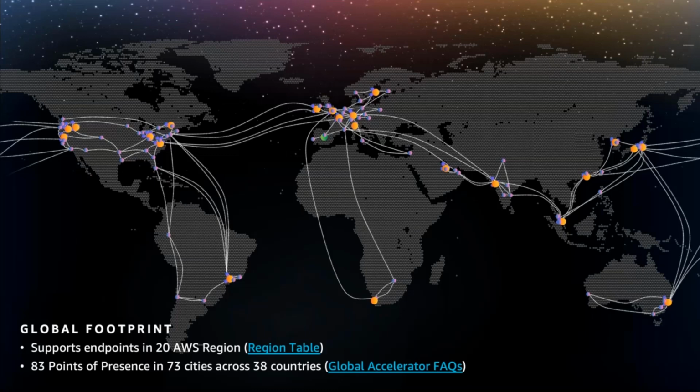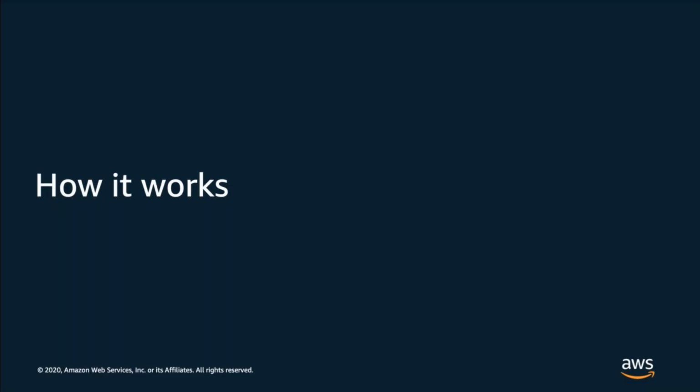And Global Accelerator runs today in 83 points of presence in 73 cities across 38 countries. It's more or less 1 or 2 points of presence per metropolitan area. By not doing caching, Global Accelerator has enough capacity in each city with a single or a maximum of two edge locations, 2 points of presence per city. And our FAQ page has the latest list.